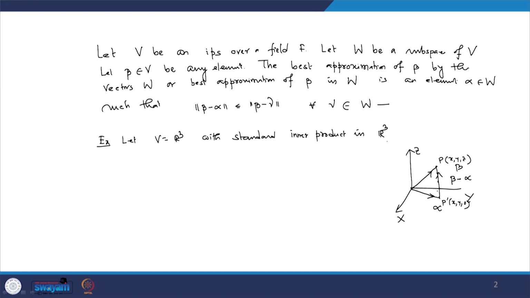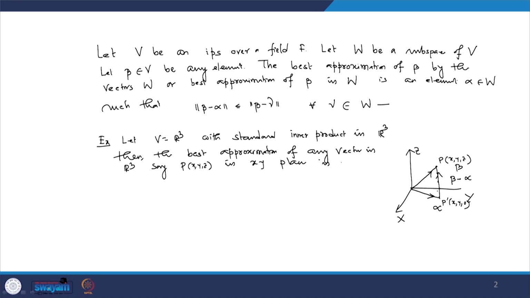So, the best approximation of any vector in R3, say P having coordinates x, y, z, in the xy plane is P prime, which has coordinates x, y, 0. Suppose I denote this as alpha and this as my beta equal to P.